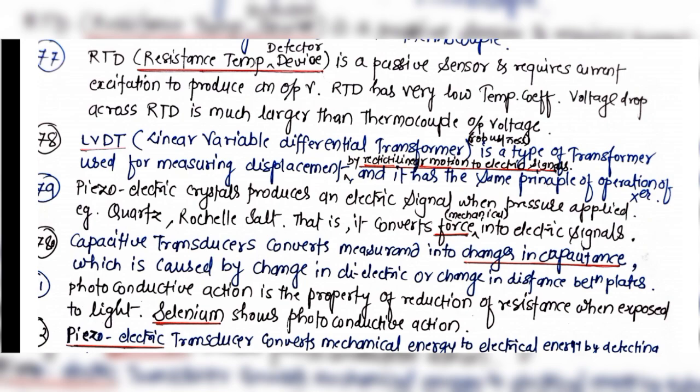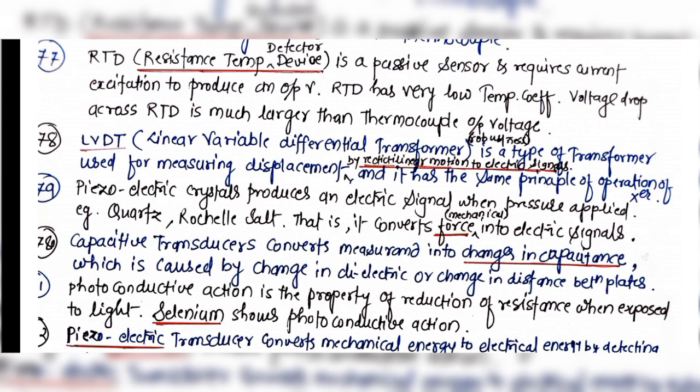LVDT, linear variable differential transformer, is a type of transformer used for measuring displacement by converting rectilinear motion to electrical signals, and it has the same principle of operation as a transformer.